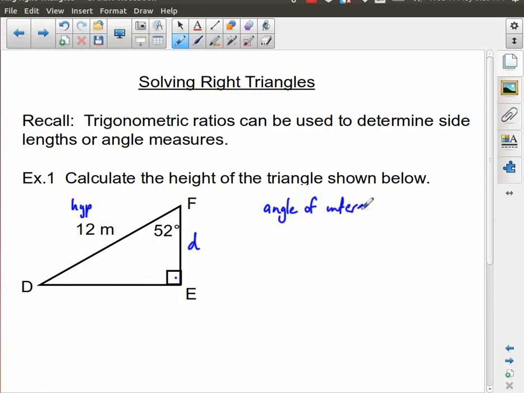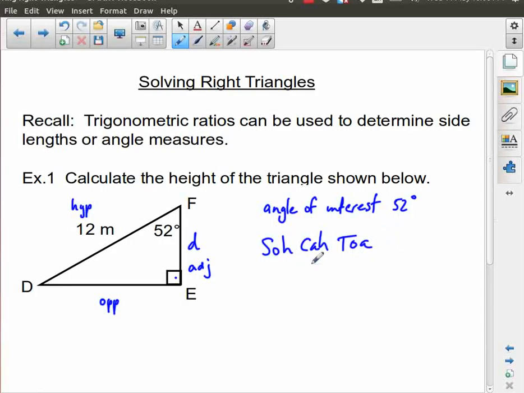So my angle of interest is 52 degrees. And if that's my angle of interest, now I label my other sides based on that angle of interest. So 52 degrees, opposite side is down here, and this side D, which is the side that I'm interested in, that's my adjacent side. So now I'm just going to write out SOHCAHTOA.